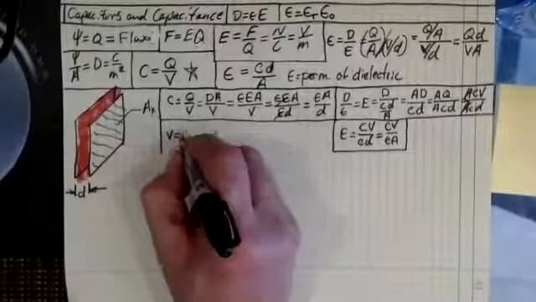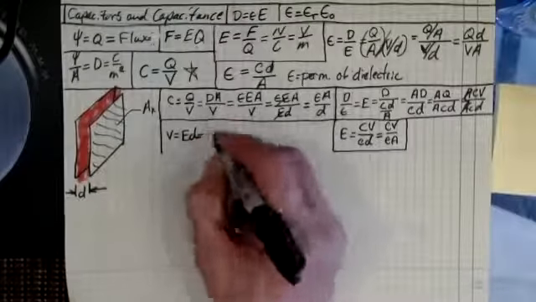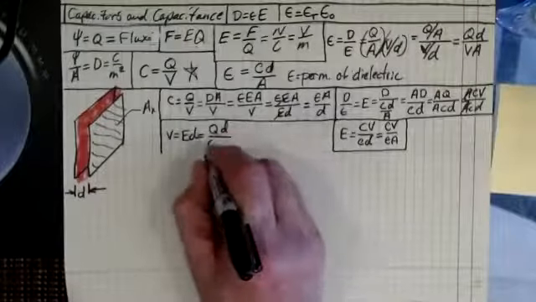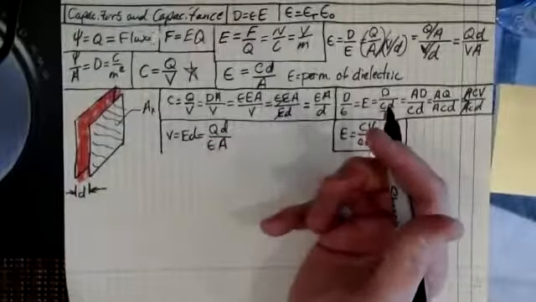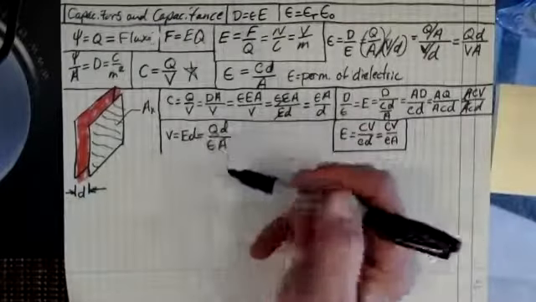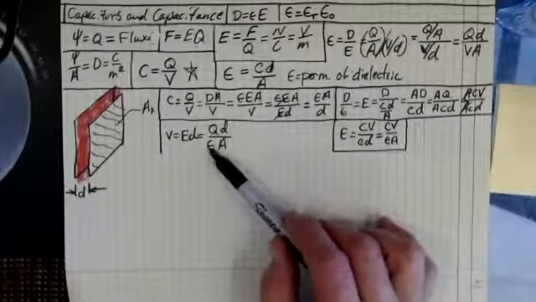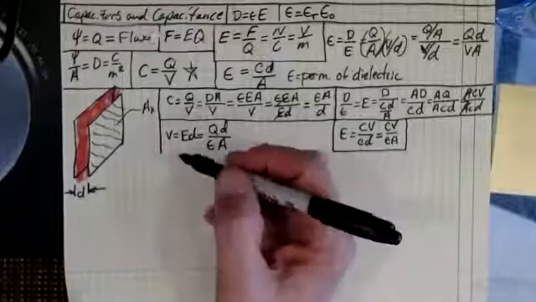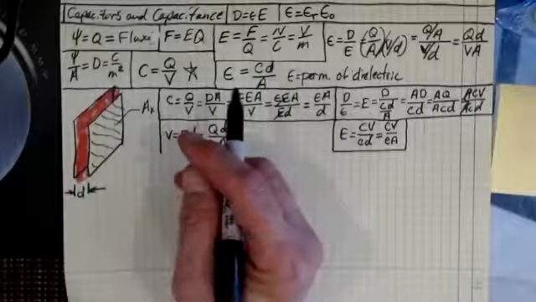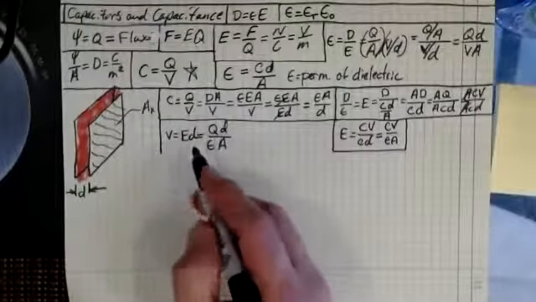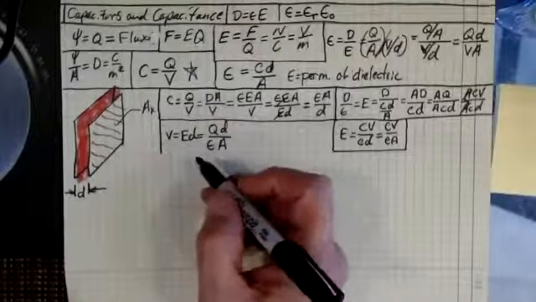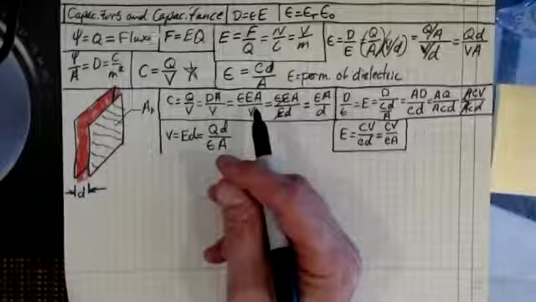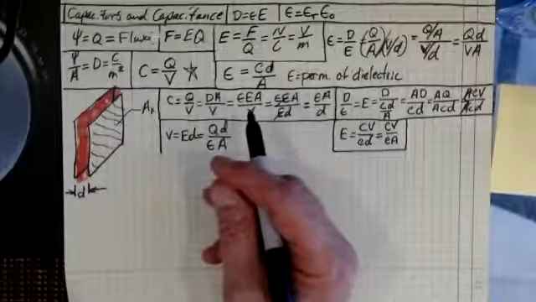So V is just E times D, which would be Q D over epsilon A, because E, as we know from over here, must be Q over epsilon A. No, I don't see it anywhere. Wait, no, that's V, so no wonder it wouldn't be that. Well, the rest of them all seem pretty much the same.